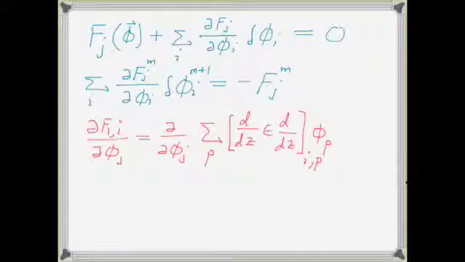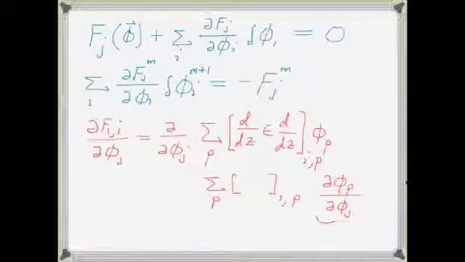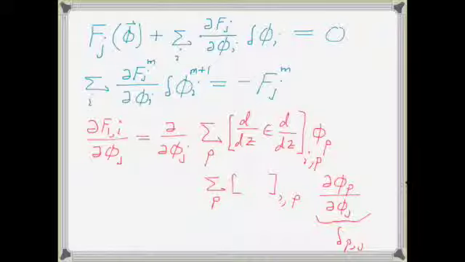And so what I get is the sum over p of this matrix, which is a bunch of constants, I comma p, times d phi p, d phi j, and this thing is just delta p comma j. You just think of the phi's as all independent variables, and so you only get one when p equals j.